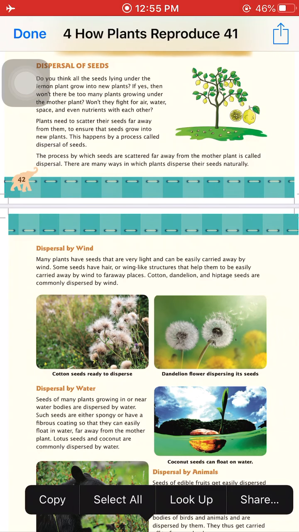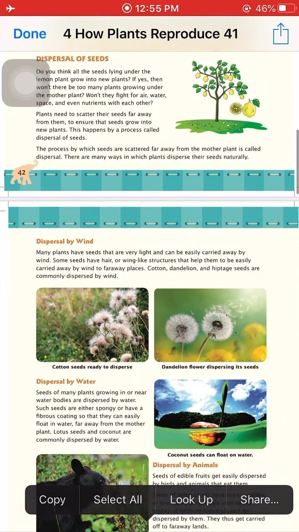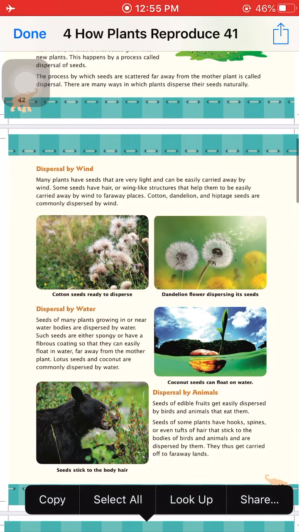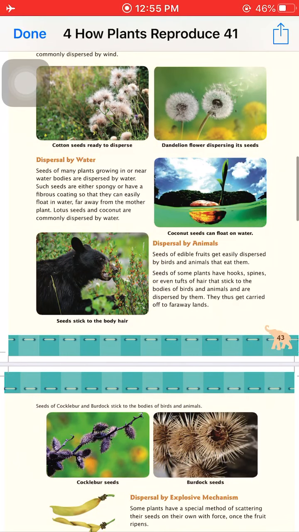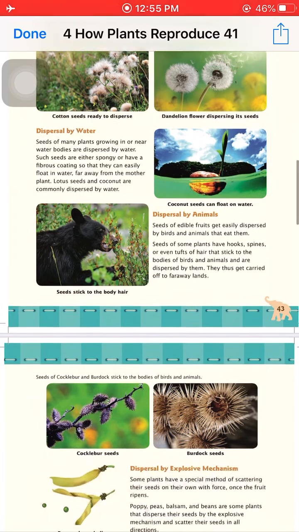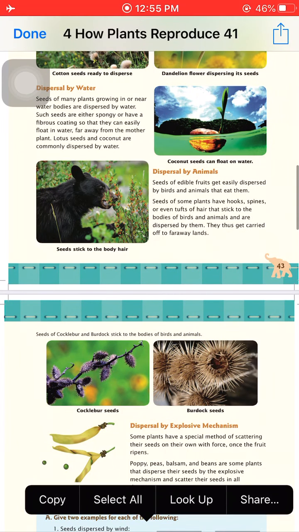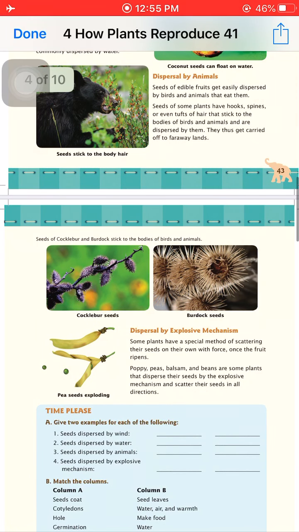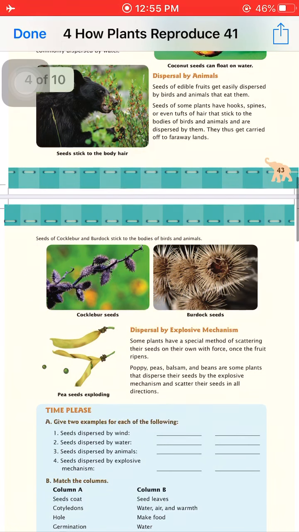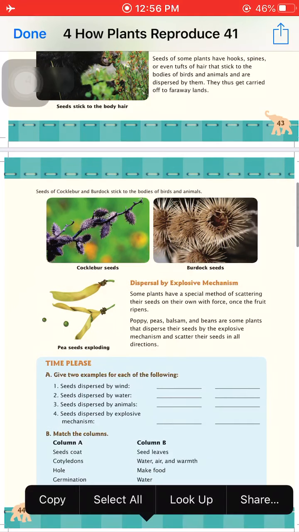Examples of dispersal by wind are cotton and dandelion; by water, lotus seed and coconut; by animals, cockleburr and burdock seeds; and by explosive mechanism, poppy and peas.